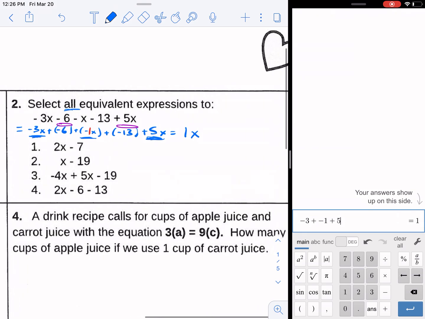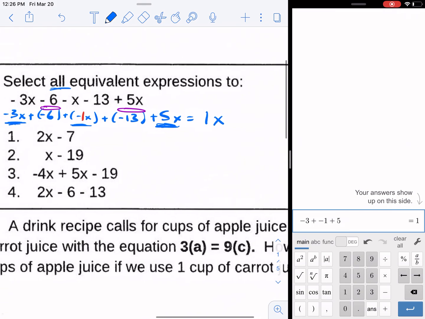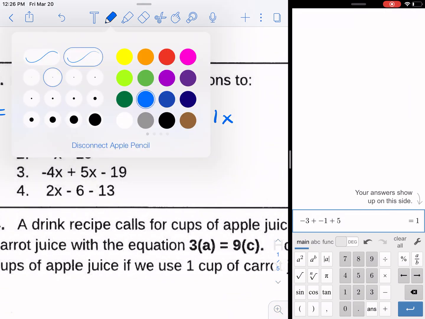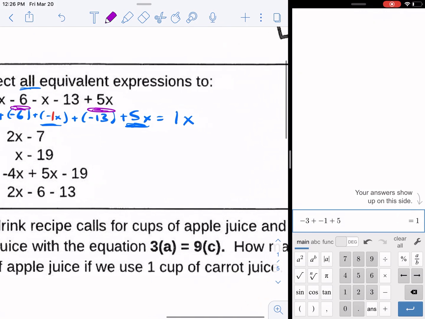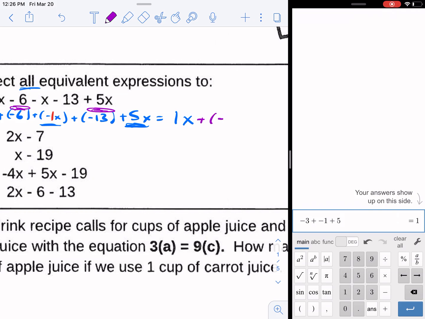All right, and then the constants, well, I have the negative 6 and the negative 13. That is plus negative 19.